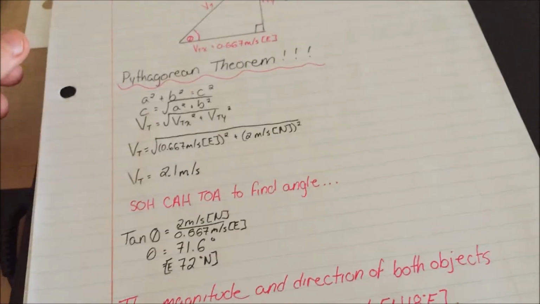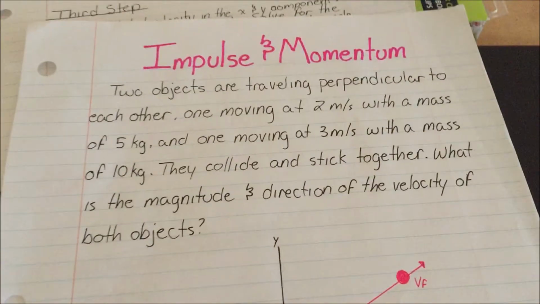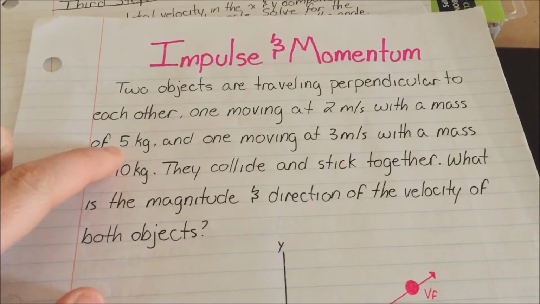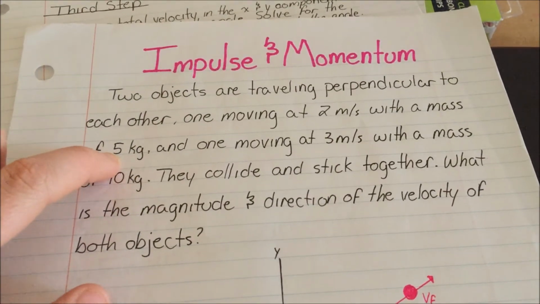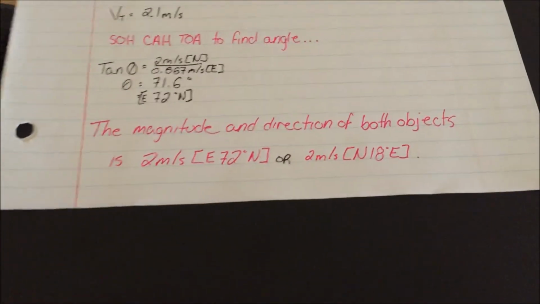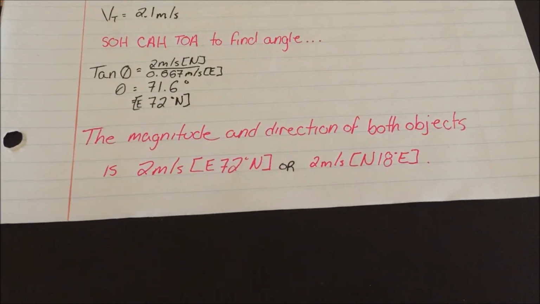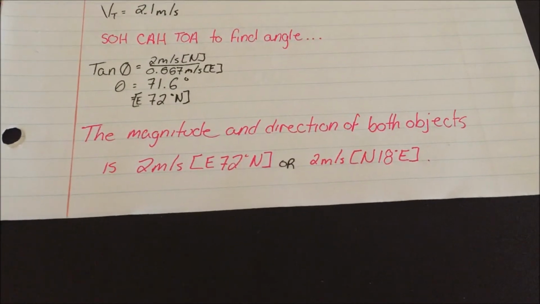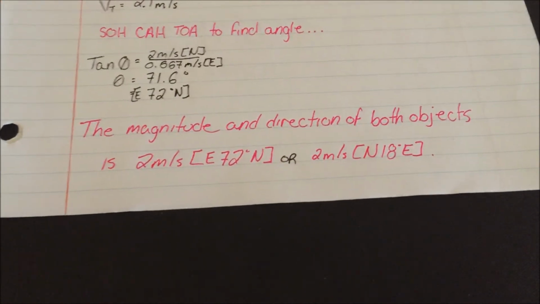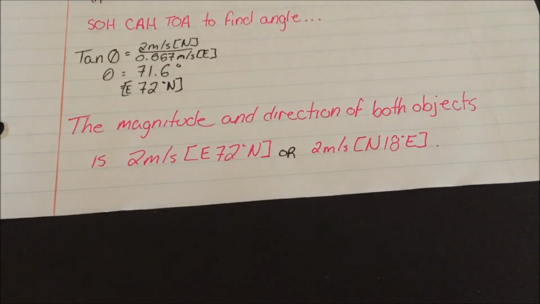So, including significant figures into our final answer, if we look back in our original question, there is only one significant figure, which is the lowest of them all. So, our final answer is the magnitude and direction of both objects is 2 meters per second, east 72 degrees north, or 2 meters per second north 18 degrees east.